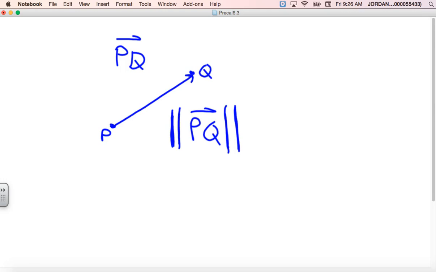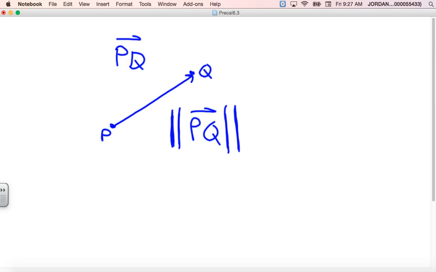Once you have a directed line segment, it's important to understand that any directed line segment that has the same direction and the same length, even if it's in a different location, is the same as this one.